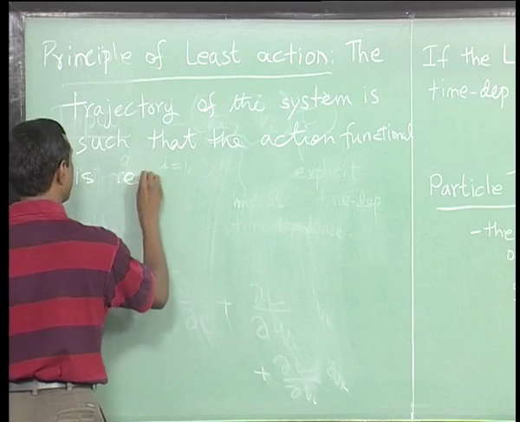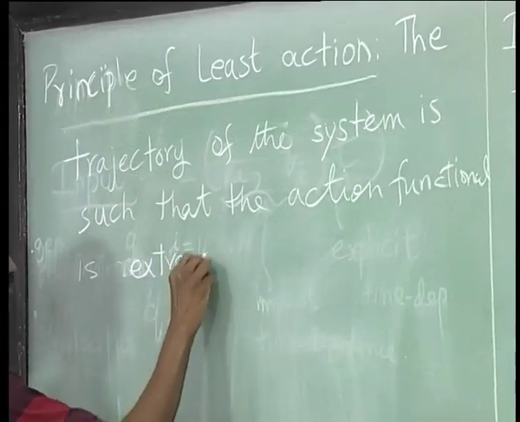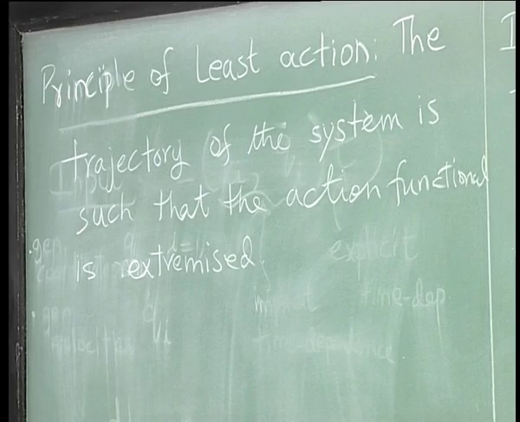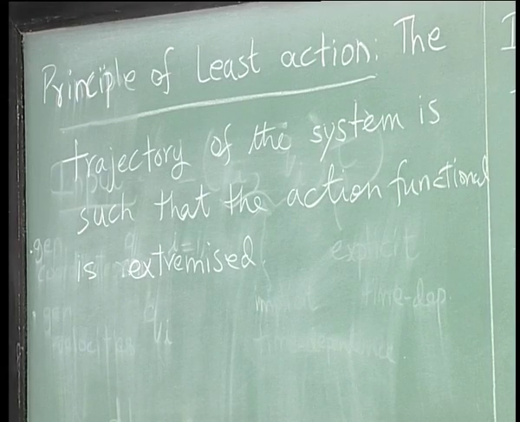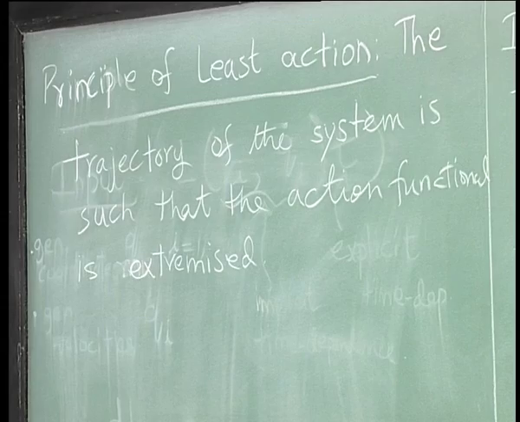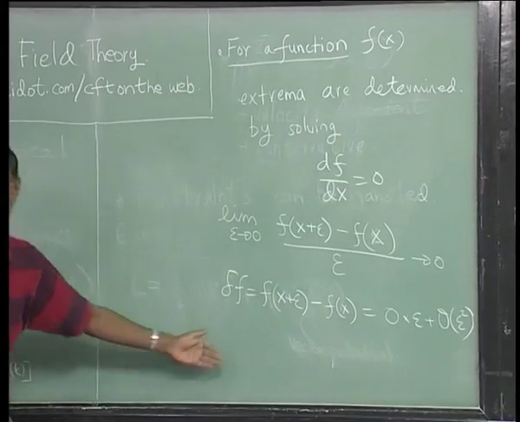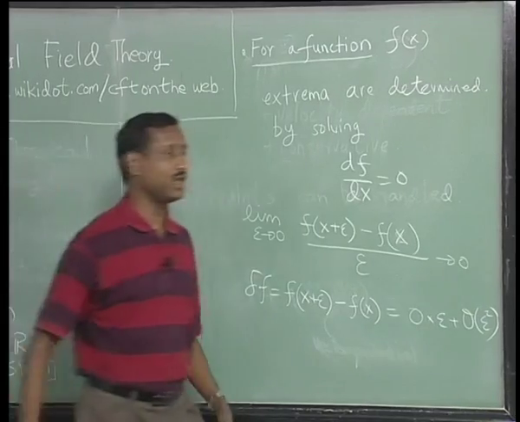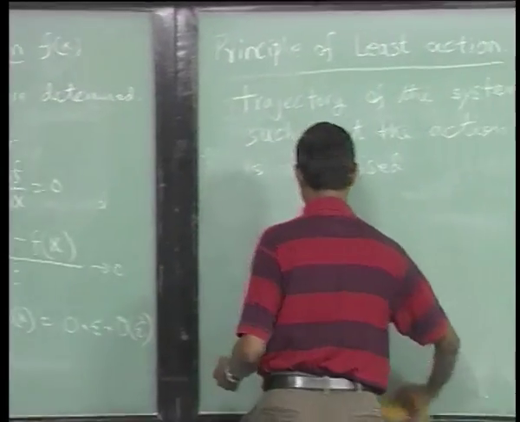I would say extremized. Now what we will do is to do the same thing which we did here, but we will work it out in this particular form. So let us see how that goes.